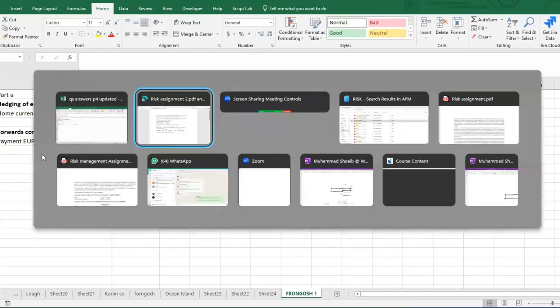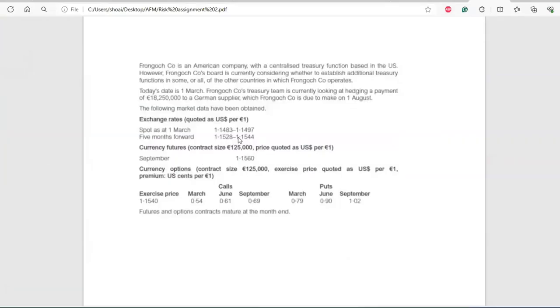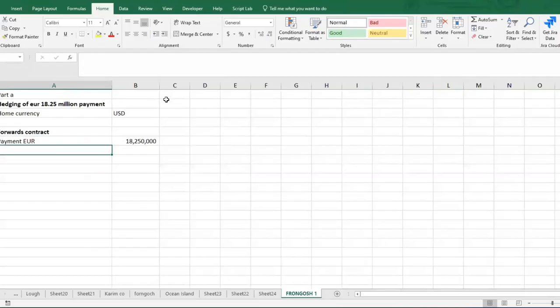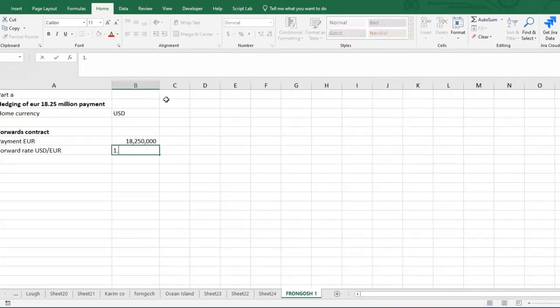Now select the forward rate. It's a payment case. So dollar over euro, right? Dollar over euro. It's a multiply case, right? 1.544. Forward rate USD over euro 1.544. Okay.